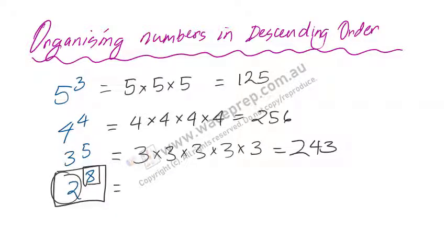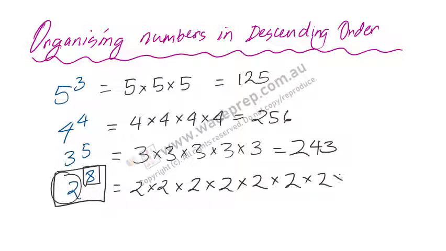So 2, 2, 3 2s, oops, 2, 2, 2, there are 5 2s, 6 2s, 7 2s, I keep writing the numbers, 8 2s. Now 8 2s will give us 256.